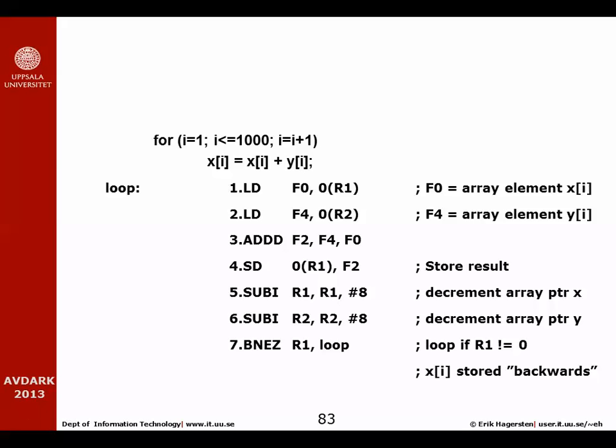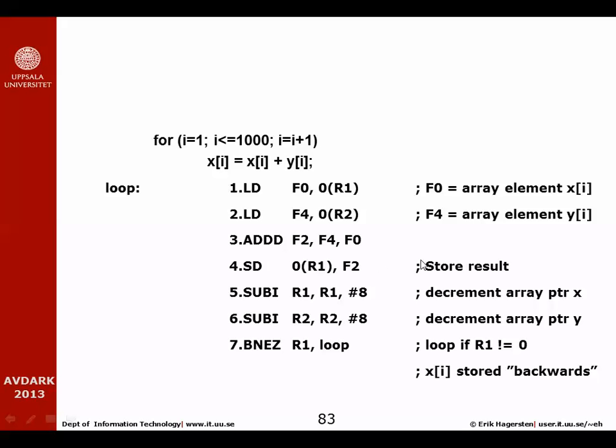And so this is the kind of naive code that could be produced, where we load the element of x sub i, we load the element of y sub i, and here, of course, we need some other pointer pointing into that vector, so we're using R2 here. We add the newly loaded values together, and we store the result back to x sub i.